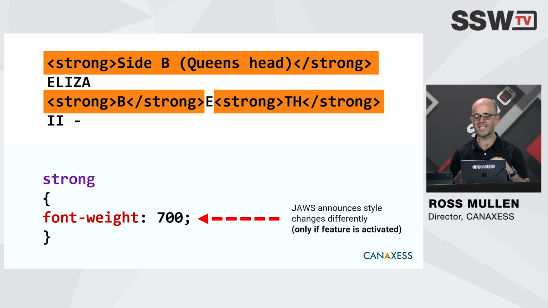Visual CSS style changes of bold and italic are well supported across all screen readers on desktop and will be announced to users. But the setting within the screen reader needs to be turned on and activated. If you're relying on a user having to have a setting toggled within their screen reading software for your content to be better understood, it's probably not a good outcome for them.